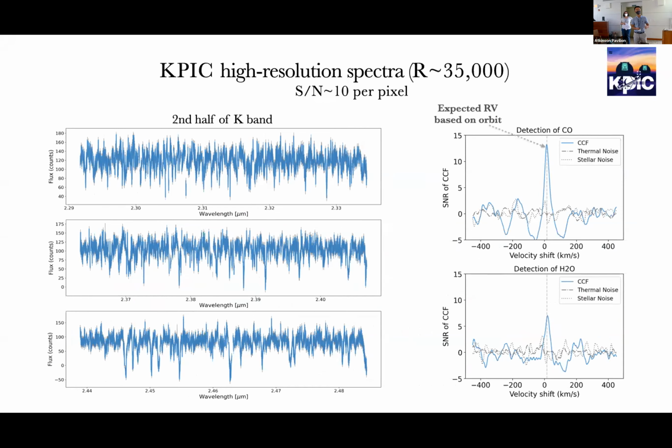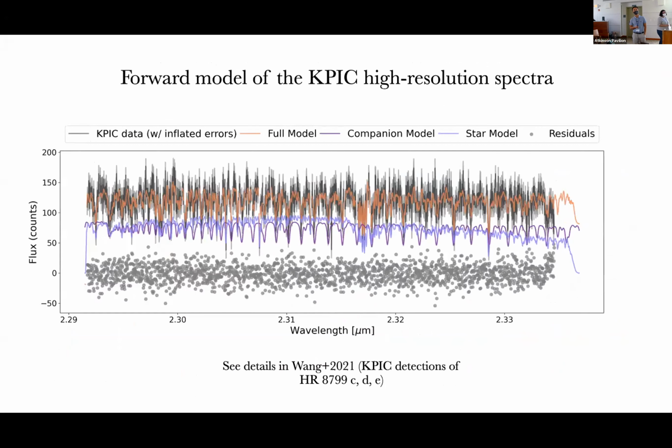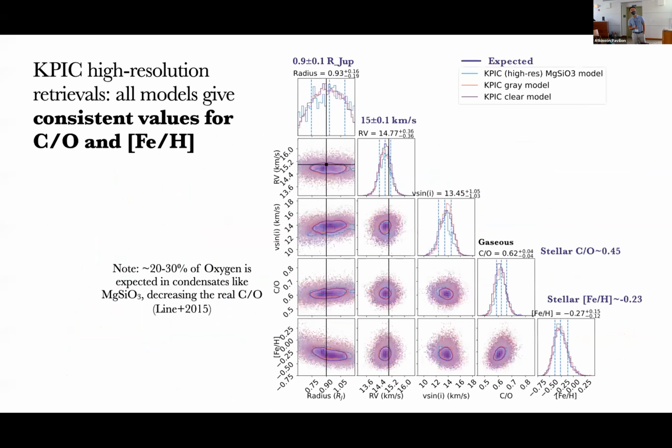But the radial velocity here is not 0, and if you fit it, it's significantly different from 0. It's 15 plus or minus 0.4 kilometers per second, and given that we expect it to be about 15, it matches the orbit well. So we're pretty sure it's not Earth water.